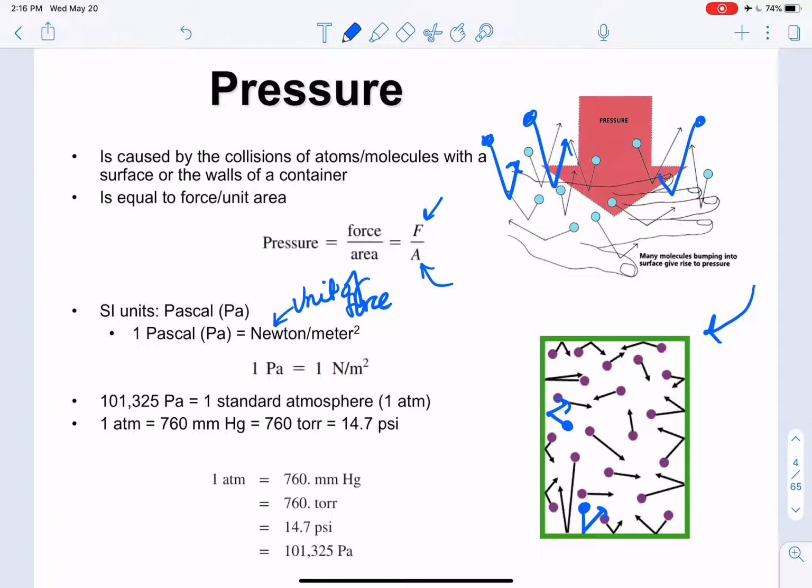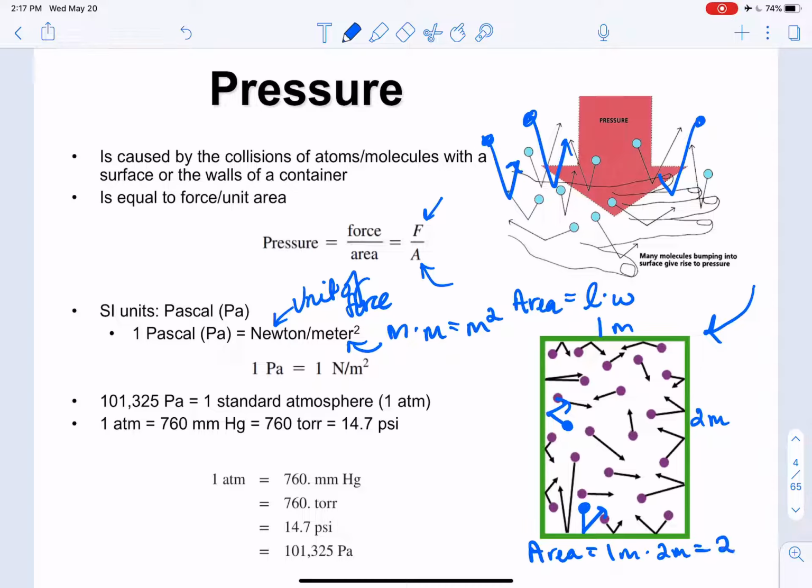And the meter squared right here just means meter times meter, which equals meter squared. And when you think about area, it is length times width. So if this width right here was 1 meter and the length was 2 meters, the area would be 1 meter times 2 meters, and 1 times 2 is 2, and meters times meters is what?